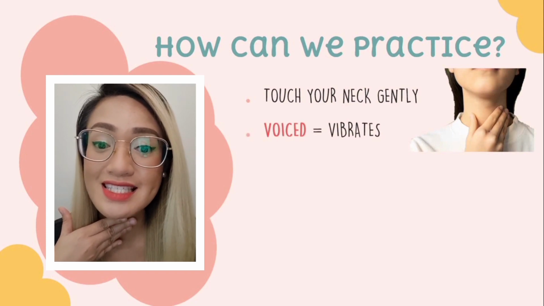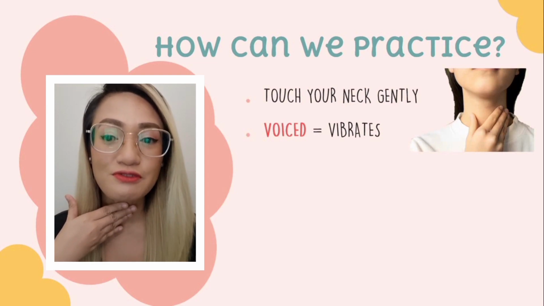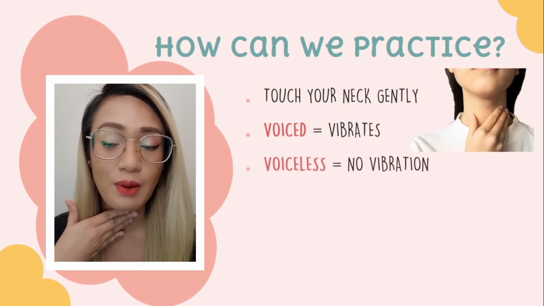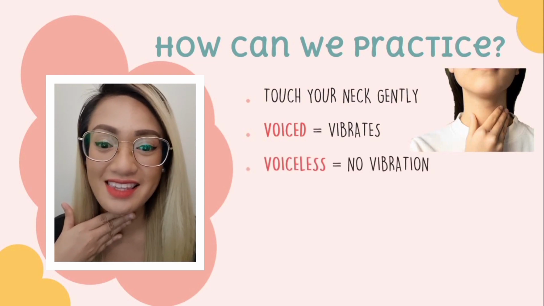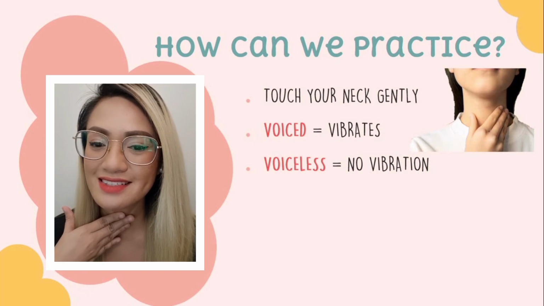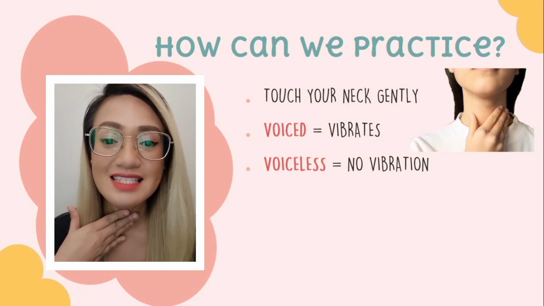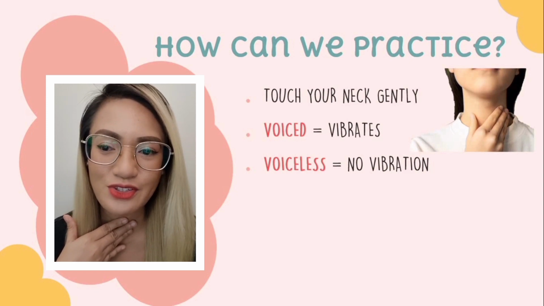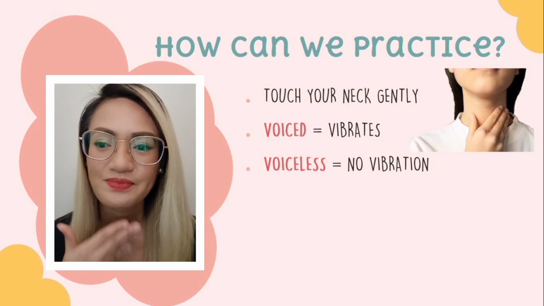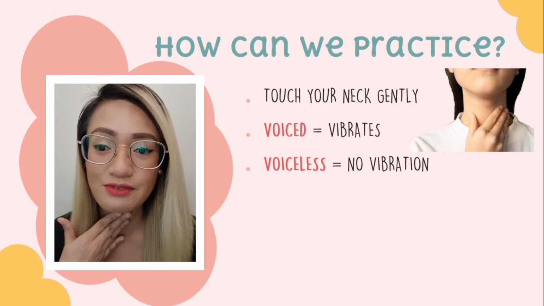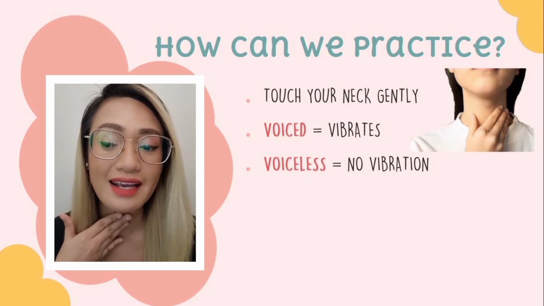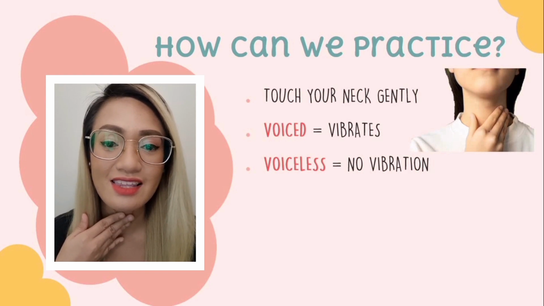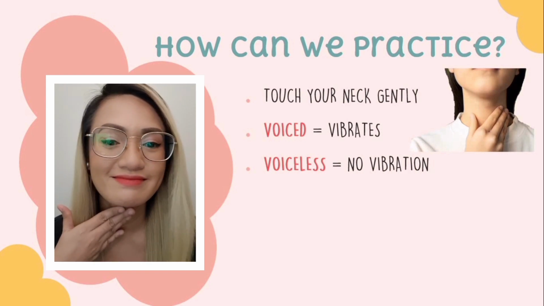First is voiced TH. You can feel the vibration from your vocal cords as you say them, since we use voice. Second is voiceless. Voiceless TH, use air. No vibrations felt around your neck as you say the voiceless TH.